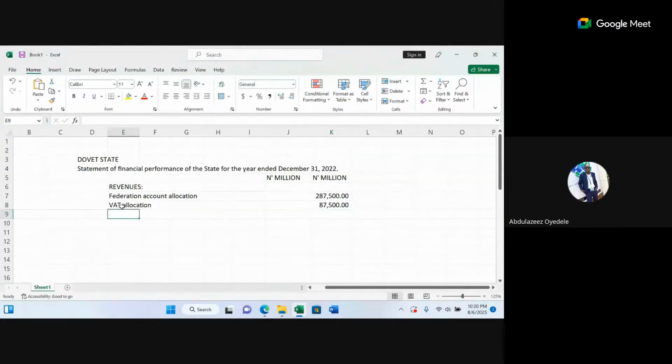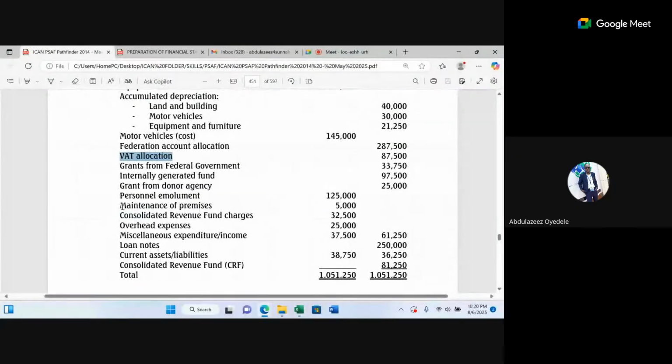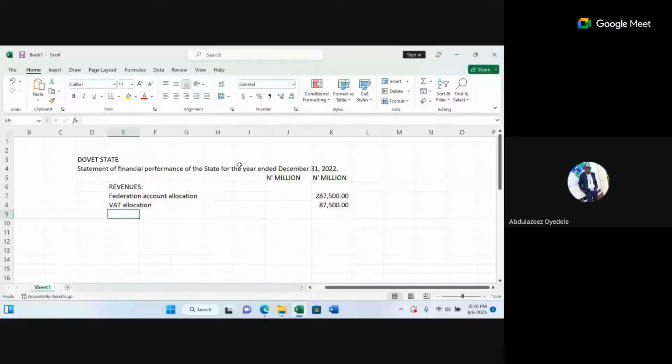And then the next item, grants from federal government, which is 33,750.